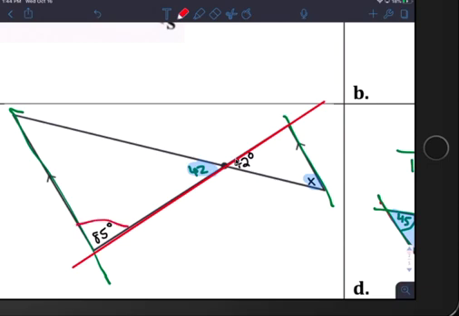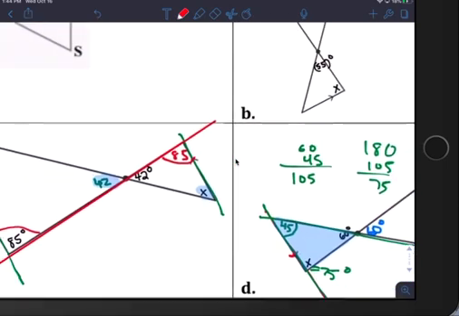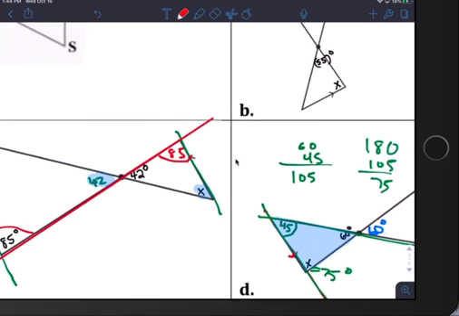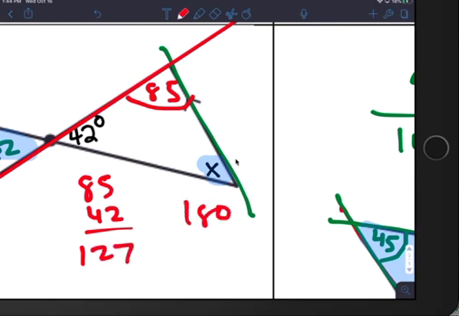Alternate interior right here gets you congruency. Add them together. 85 plus 42 is 127. Subtract that from 180. 53 degrees.